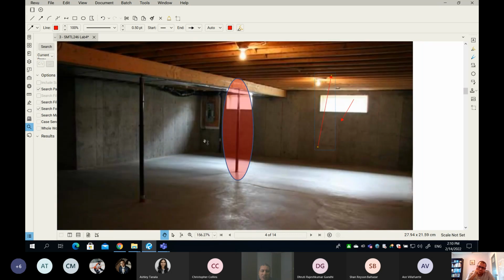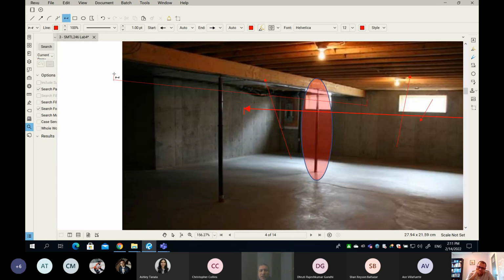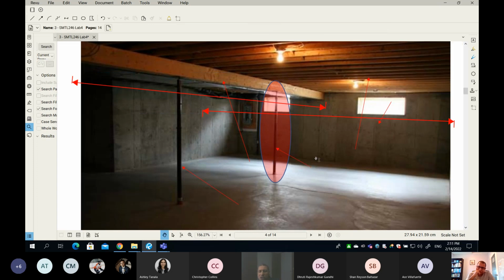Because the span from here to the other side is maybe too big, the joist cannot span. That's why they add this intermediate beam. Also, the span from here to the other wall is too big, and that's why they add these intermediate columns. Those columns, we call them telepost.